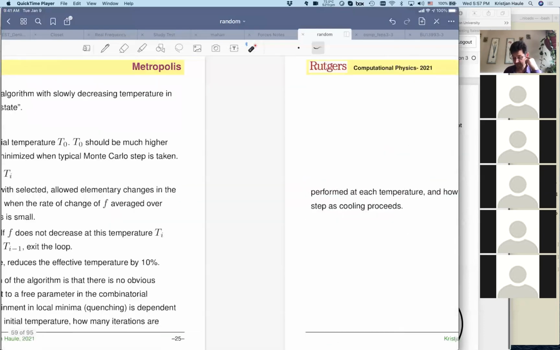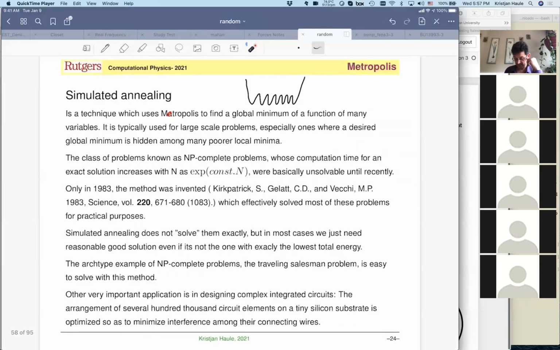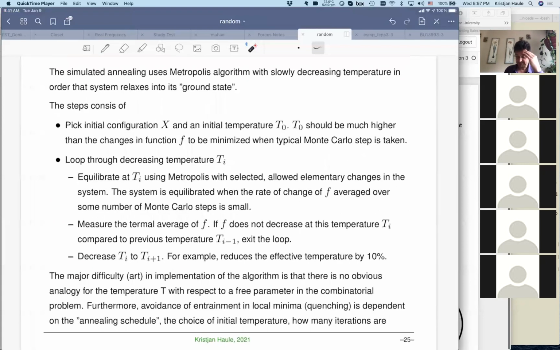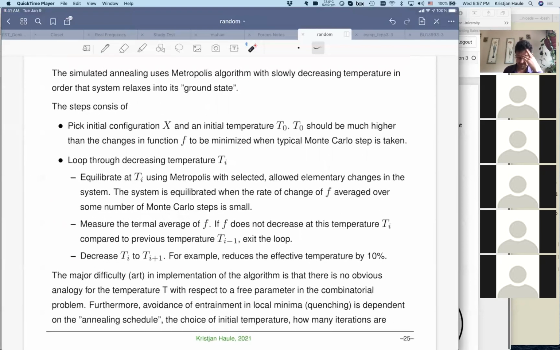But before we go there, I want to discuss the algorithm. So what is the core algorithm for solving that problem? Well, here's the description, one page. We slowly decrease the temperature in order that the system relaxes into its ground state. But in practice, how do we do it?